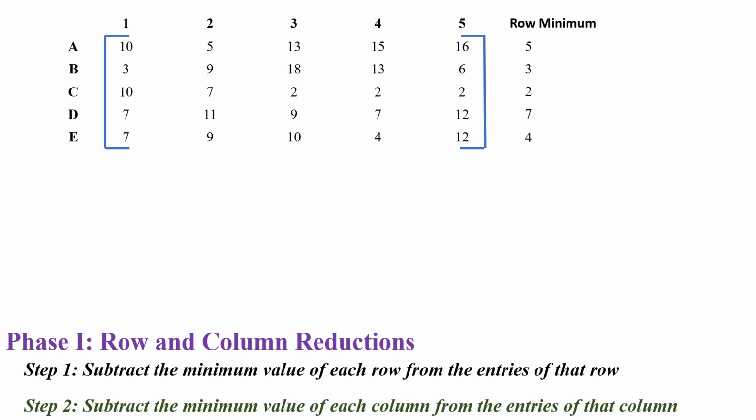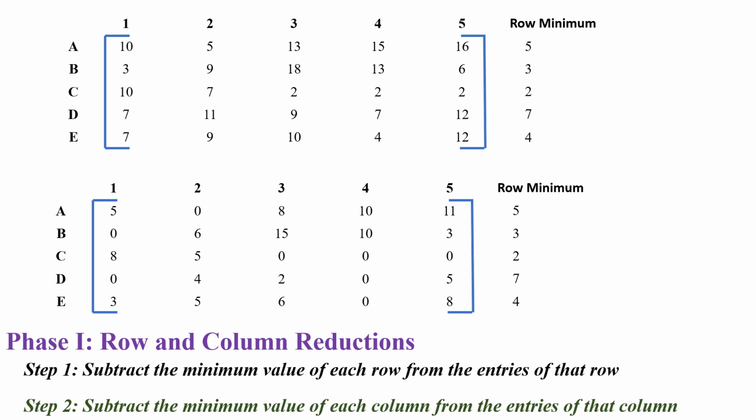First we look at the first row. In the first row, minimum value is 5. Then we subtract this minimum value 5 from the first row entries, that is 10 minus 5 equals 5, 5 minus 5 is 0, 13 minus 5 is 8, 15 minus 5 is 10, 16 minus 5 is 11.